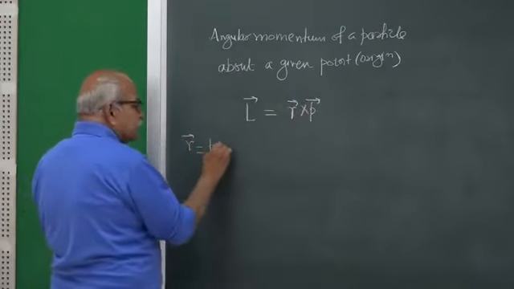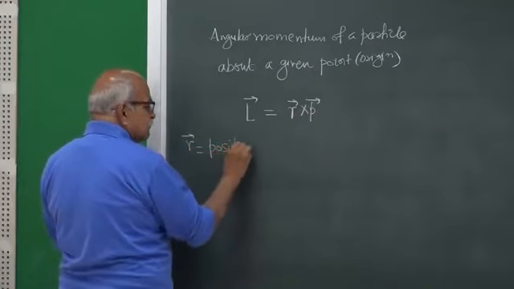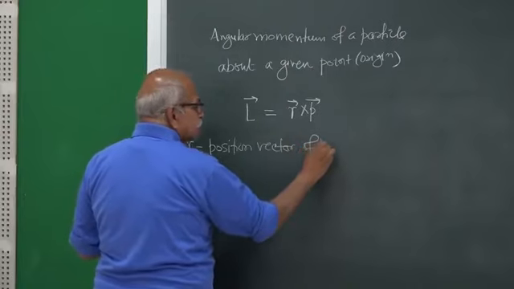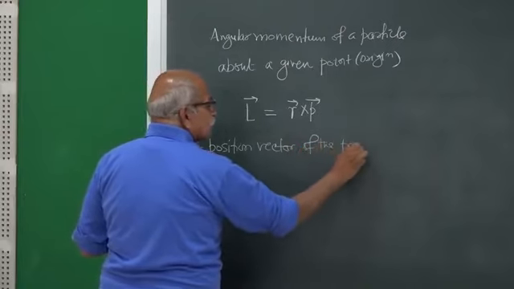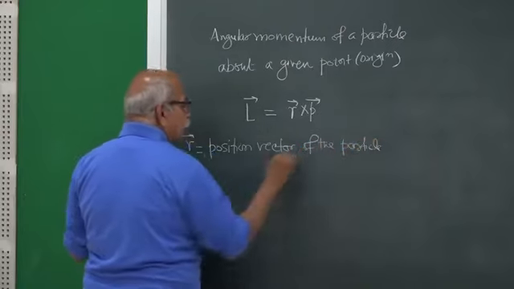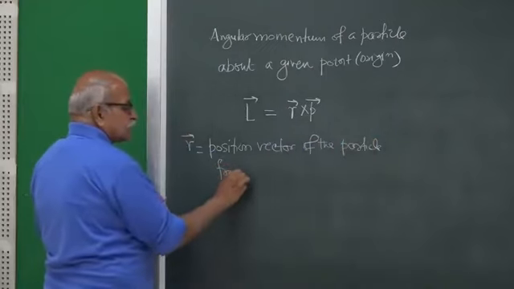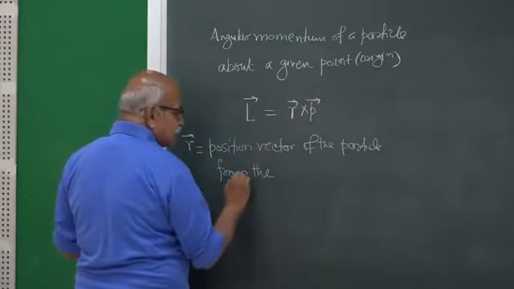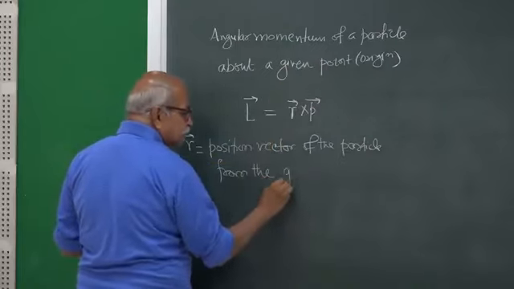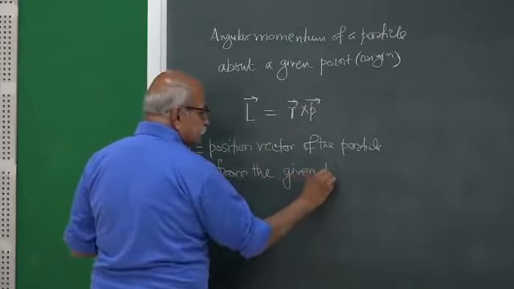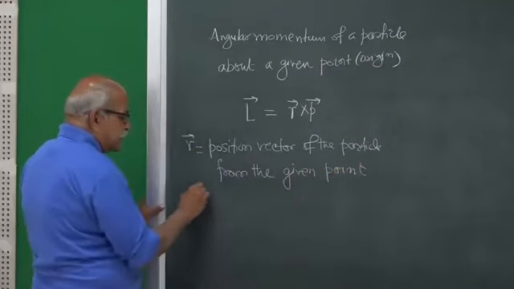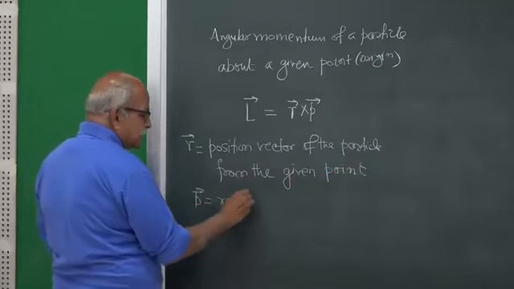It is the position vector of the particle from the chosen origin, this given point. And p is the linear momentum of the particle.